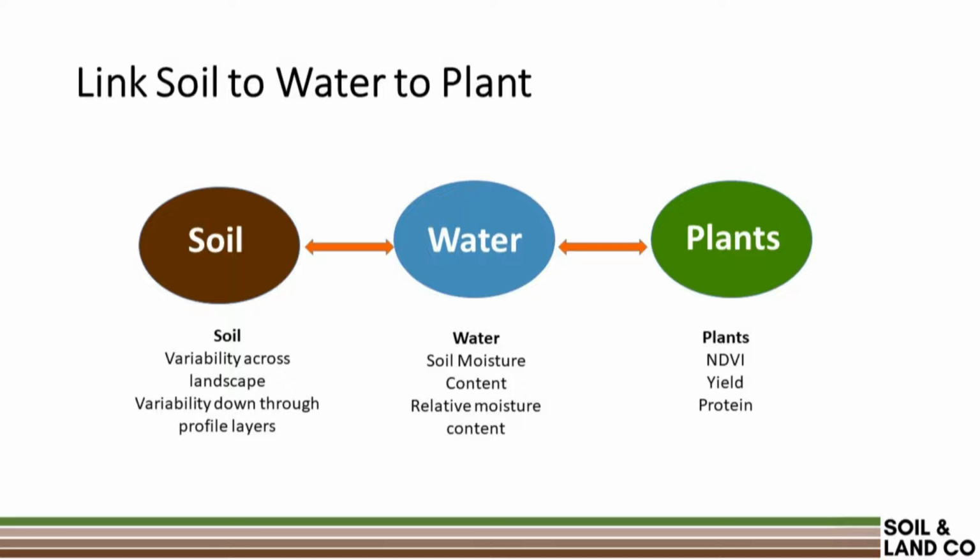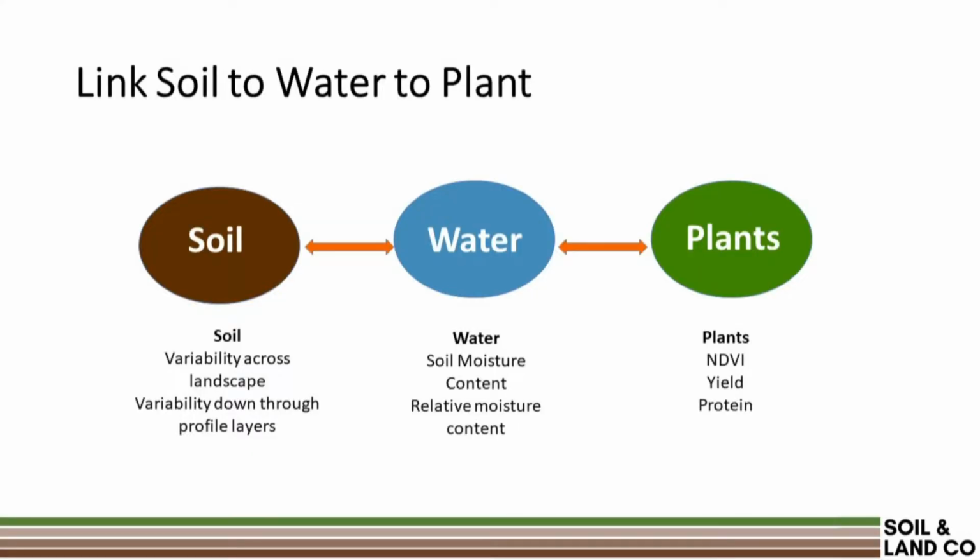We can get an in situ reading, like was touched on this morning, with a moisture probe in the field, and then extrapolate that out on a relative data sense. So how good is that data? We've then got to ground truth and validate. And then with the plants, so the NDVI, yield, protein, if we're talking about a grain crop, we can start working forwards and back to get a better idea of what our soil limitations are, not necessarily the soil type, but where the soil limitations are occurring within the profile.